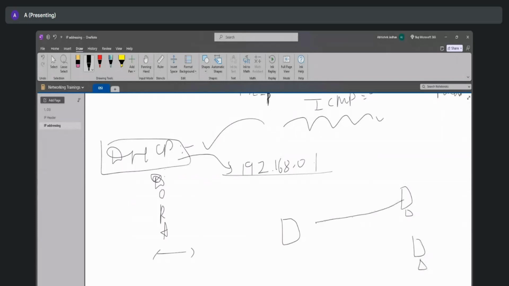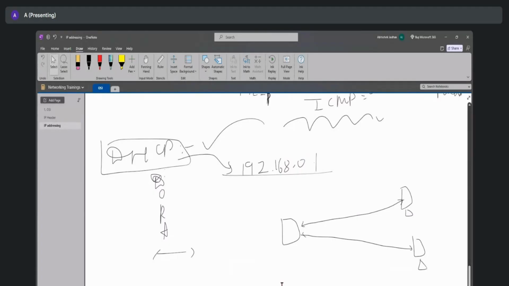Now, in your home also, this particular scenario happens and you can check it today. What you can do is enable Wireshark on your machine, right? And then you can run a command on your device like this. Just a minute.